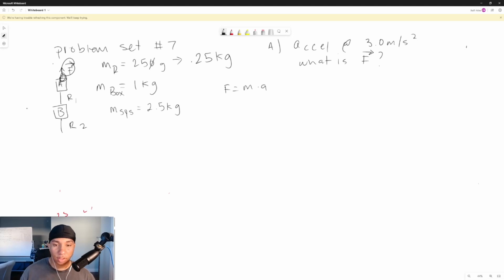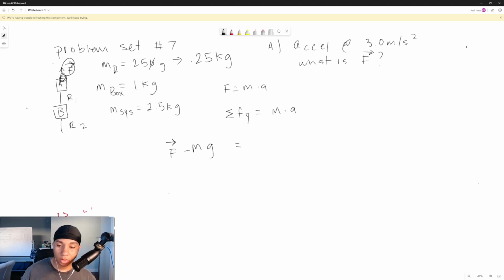And for the acceleration, we have to do a sum of forces. Your sum of forces in the y is equal to mass times acceleration, and our acceleration is this 3.0. So we have the force F, which is pulling it up, minus mg, because mass times gravity is pulling this thing down.